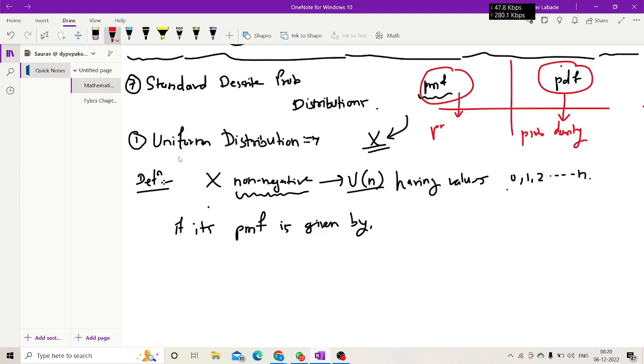We take the probability mass function for the discrete random variable. The seventh chapter is all about discrete random variables.